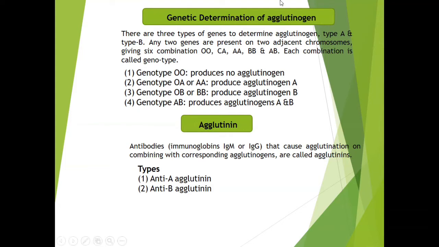When combined with the complementary antigen on the surface of RBCs, they may cause agglutination, that is clumping of RBCs, adherence of RBCs to each other, and may occlude small arteries or veins. Types: there are two types, anti-A agglutinin and anti-B agglutinin.